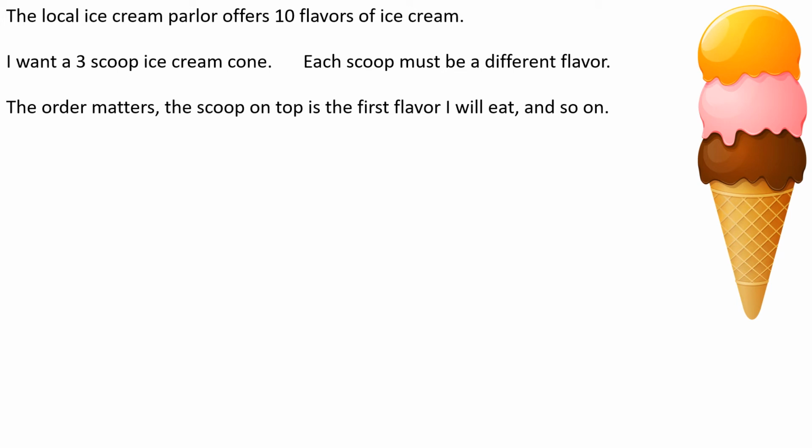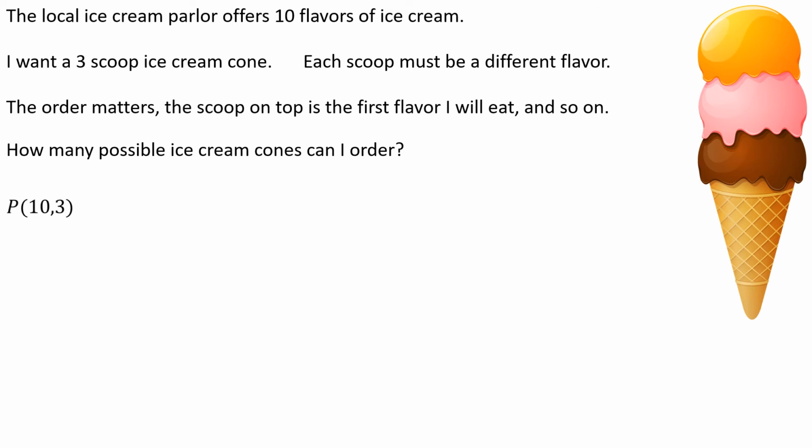When I start eating my ice cream cone, whatever flavor is on top, that's going to be the first one I encounter. And then I'll move on to the middle scoop of ice cream, and then finally that bottom scoop of ice cream. So, how many possible ice cream cones can I order, assuming that each scoop must be a different flavor?